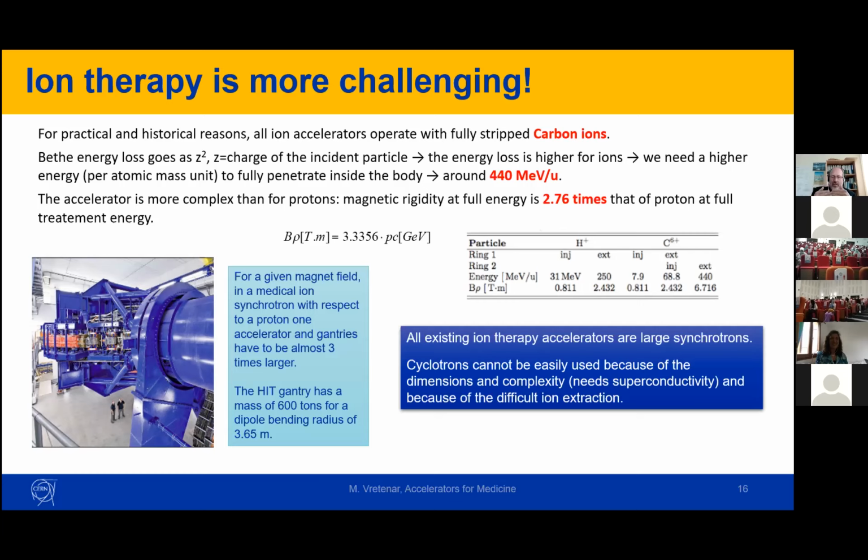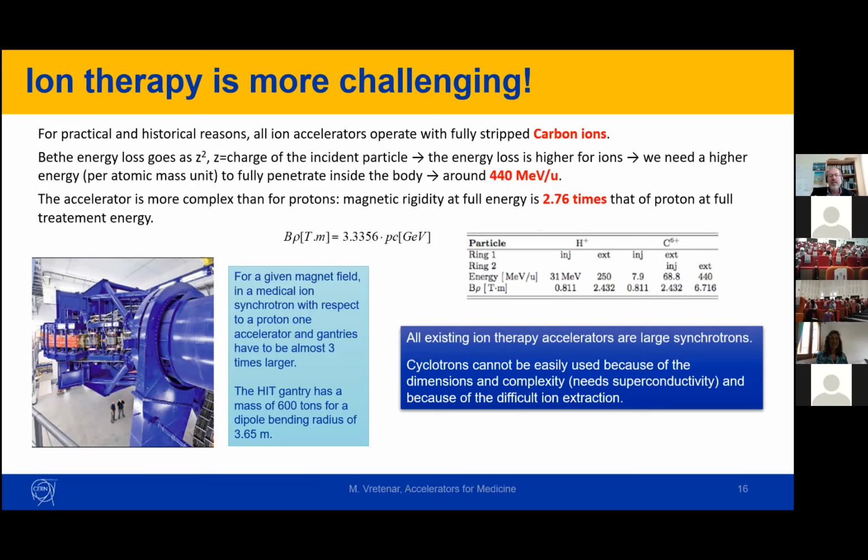With ions, for example carbon ions, to enter into the same depth, to make the same trajectories, to go to the same target tumor, you have to start with a much higher energy, 440 MeV per unit charge, because the energy loss is higher and you want to reach the same position inside the body. So nothing to do. If you want the benefits of the ions, you have to pay with the fact that you need a higher energy.